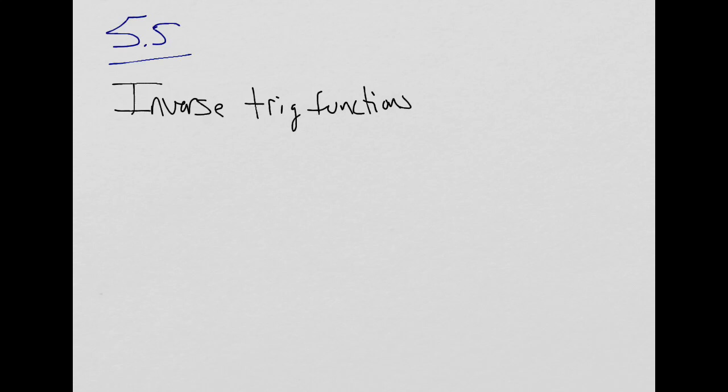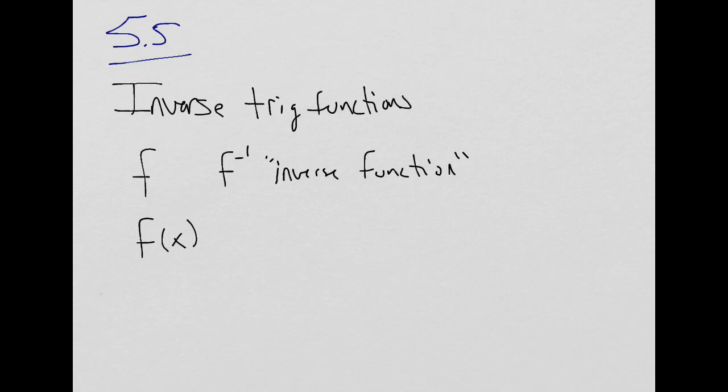Now, if you remember from an algebra course, if you have a function f, f inverse is called the inverse function. That -1 is an exponent to indicate that it's an inverse. And what that means is that if f of x is equal to y, f inverse of y equals x.